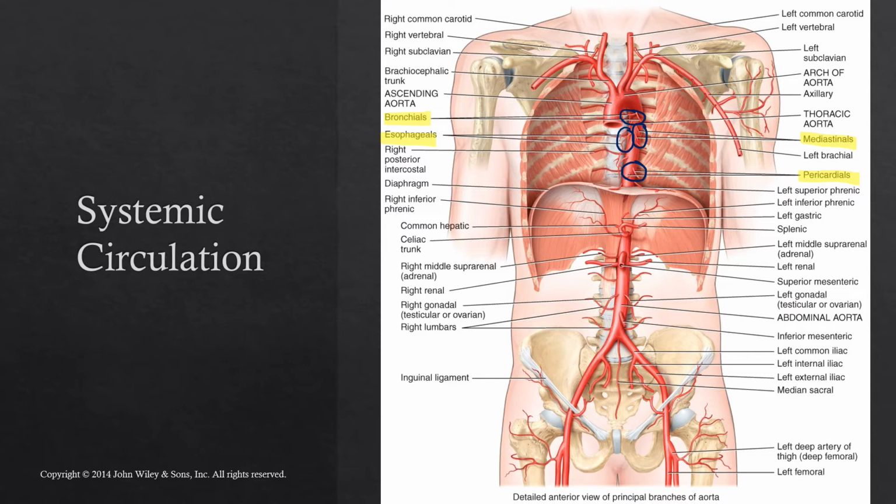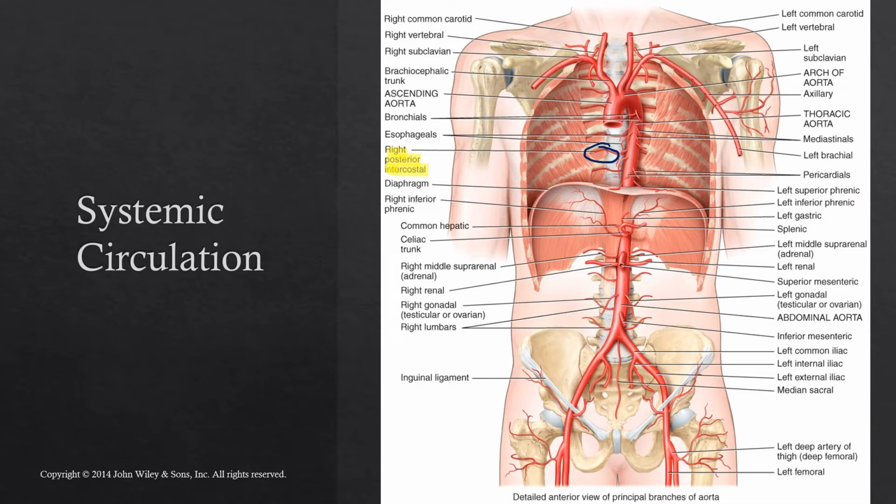Whereas the other branch of the thoracic aorta, the parietal branches, are going to go more so to the walls of the thorax. So these would be ones like the posterior intercostals. Here we have the right posterior intercostal, which is right here, and we would see the same on the left side as well.